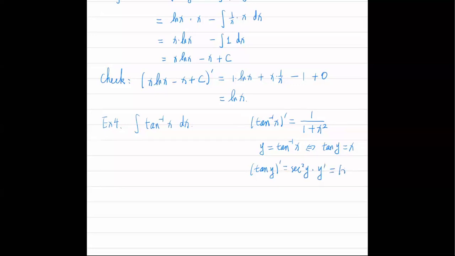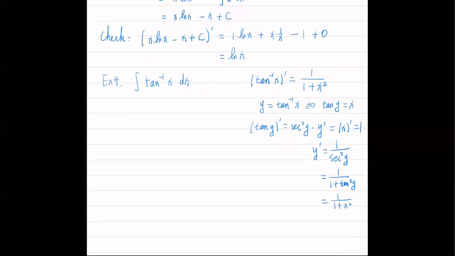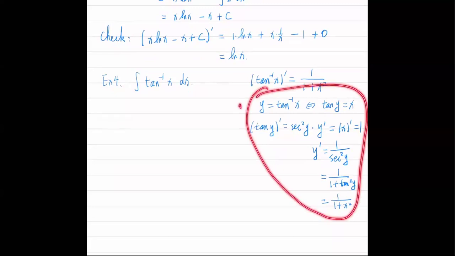And this is the derivative of x, which is 1. So y derivative is 1 over secant squared, and secant squared is 1 plus tangent squared, which is 1 plus x squared. That's how we find the derivative using implicit differentiation.